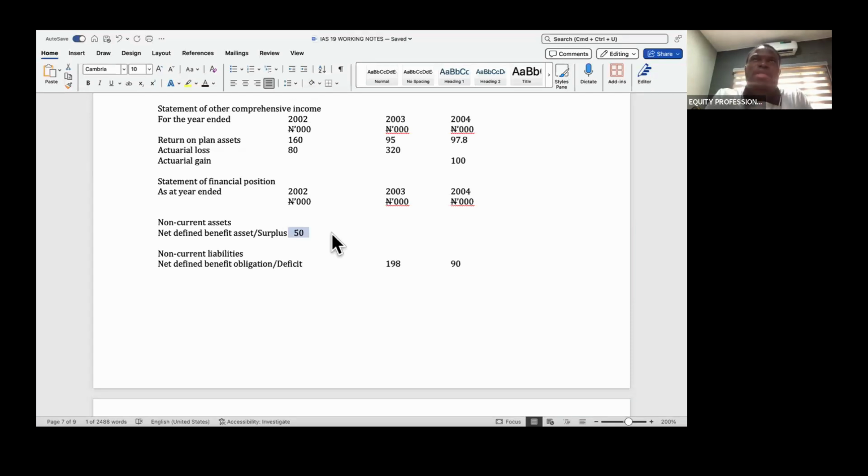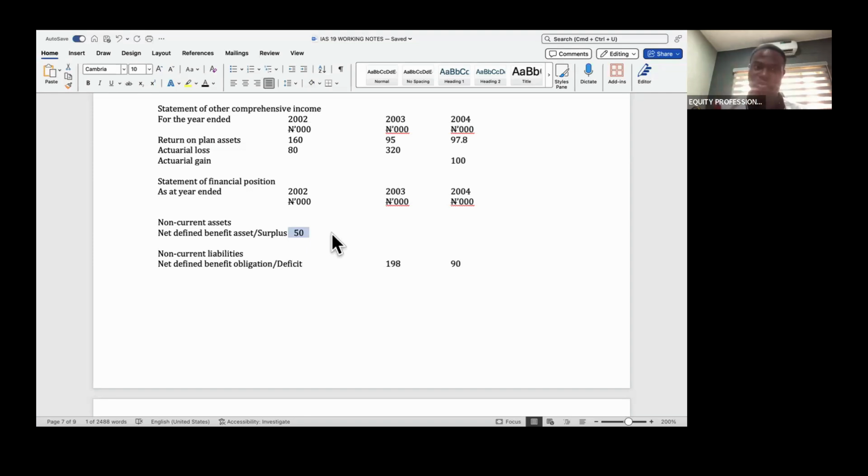You see, in reporting, we're always very careful when recognizing assets because we hate to overstate our assets. When you put an asset in your books as 50, like we did here, what it means is that you're expecting a return of 50. You're expecting something worth 50.